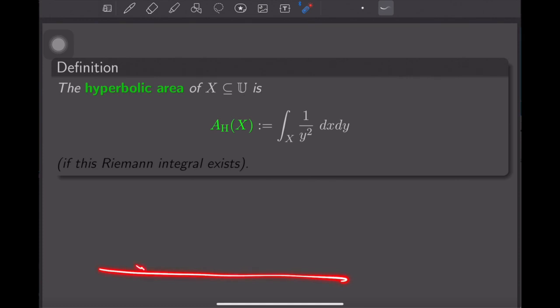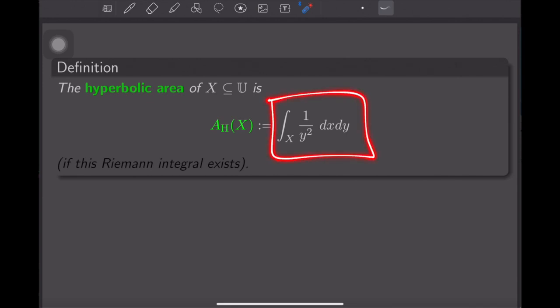So close to R bar distances are very large. Well, now here you can see that also close to R bar areas are very large. Hyperbolic areas are very large. And of course, if this integral actually exists, if this Riemann integral actually exists.